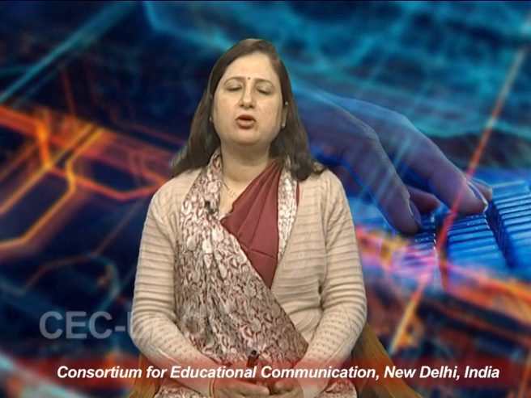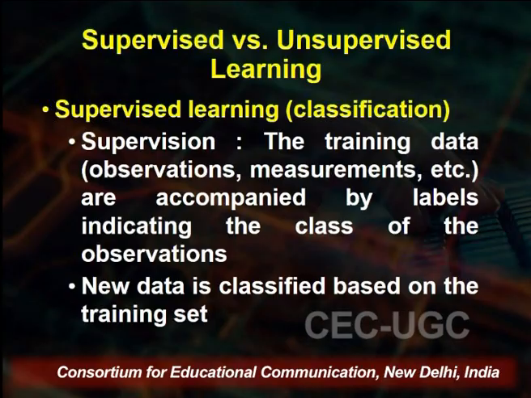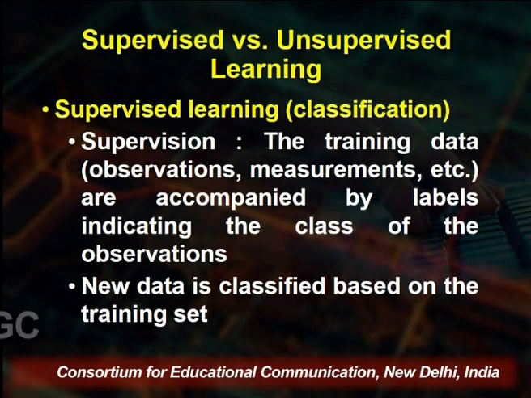So friends, let us quickly look at the different types of learning systems that we see. For example, we know that there are two types of learning. First is the supervised learning, and the second is the unsupervised learning. So when we talk about classification systems, it is basically the supervised learning model that we are looking at. And what is supervision? We are giving a training data set, and with the training data set we are giving some predefined labels to the data.